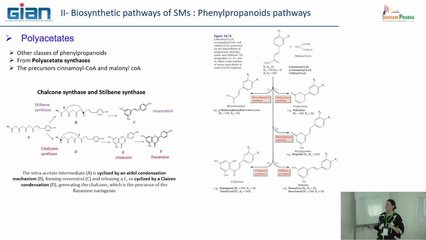You have seen yesterday that instead of chalcone synthase, if you have stilbene synthase, you can produce from the same precursor two different types of final molecules, resveratrol as was shown, but also the other phenylpropanoids. But the precursor here is a polyacetylated precursor.